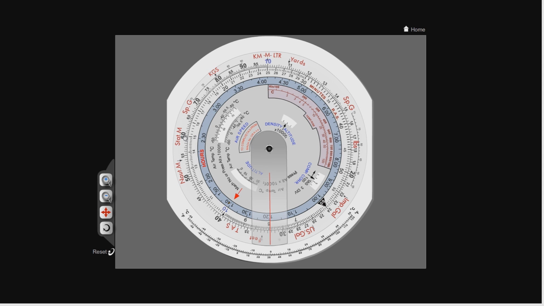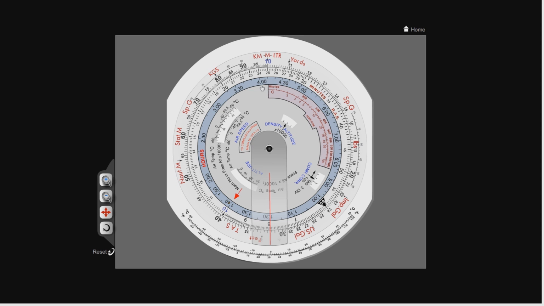So let's start with converting something like feet to meters. All of you training to be pilots should be fully aware of what the conversion of feet to meters is. There are 3.28 feet in a meter. It's a number you really should be very familiar with. You can approximate it to about 3 for gross error checking, but there are 3.28 feet in a meter.